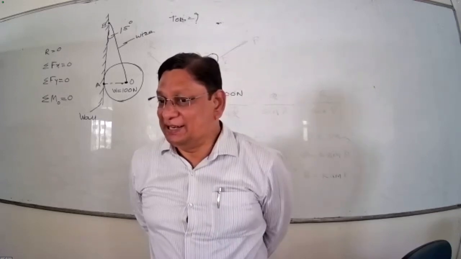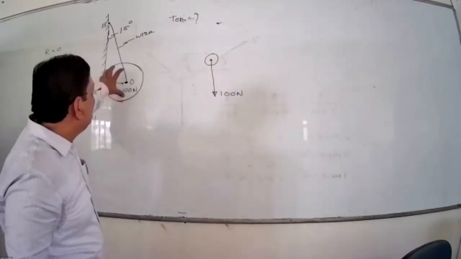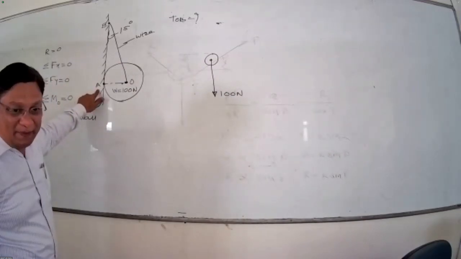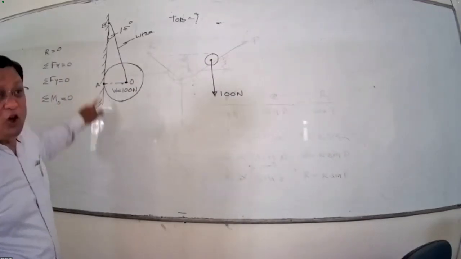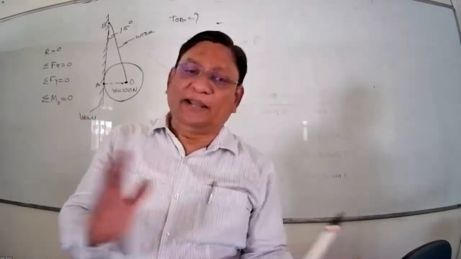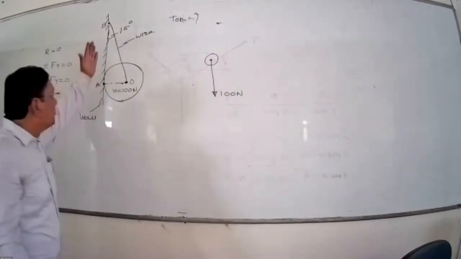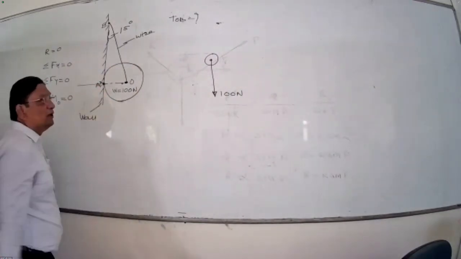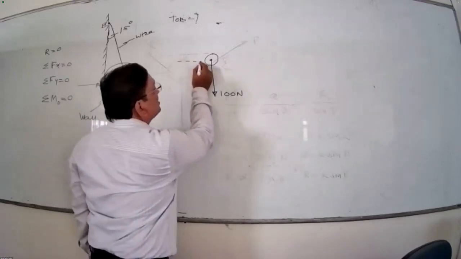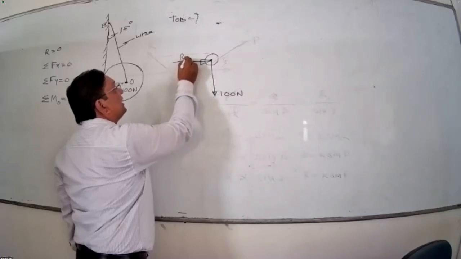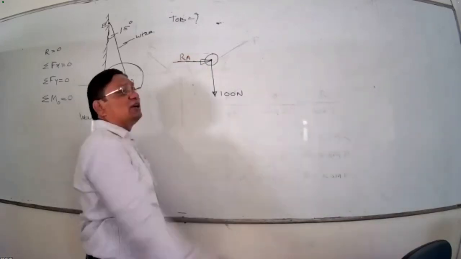I know here the cylinder is in contact with the vertical wall at point A. So there will be a normal reaction, and normal reaction always acts in the direction perpendicular to the support. The support is vertical here, so the reaction will act perpendicular to it, and it will be replaced by the reaction RA. This is called the reaction at contact point A.